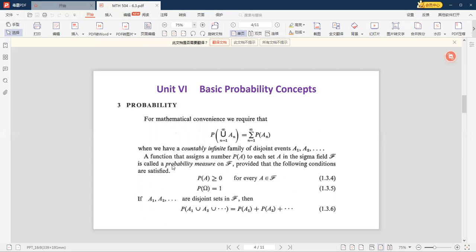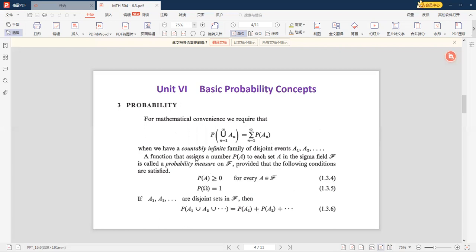The independent variable of the function is a set.